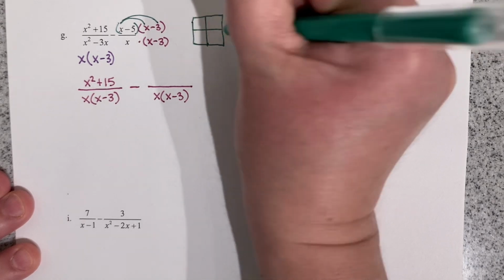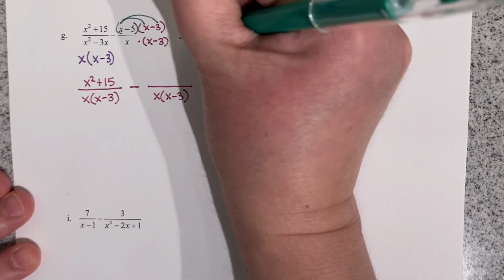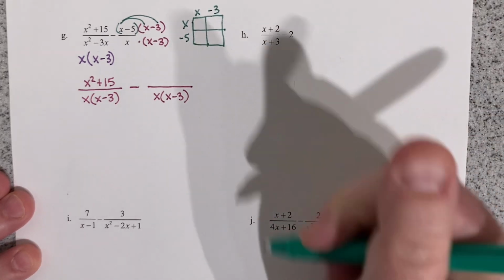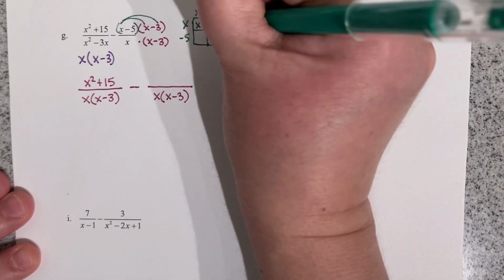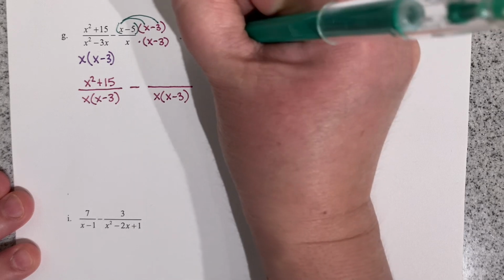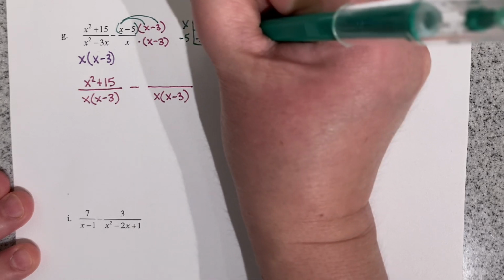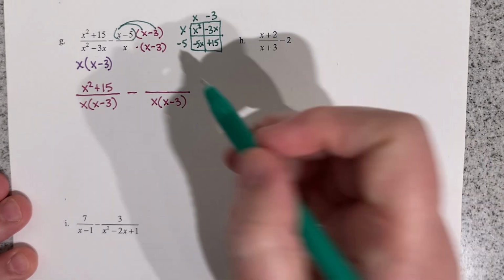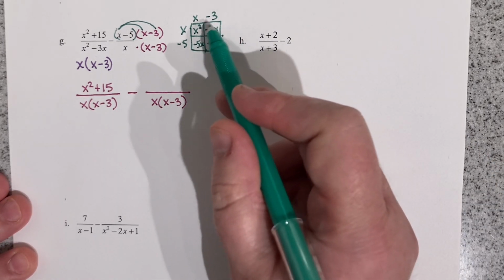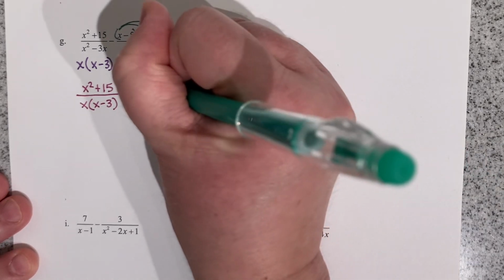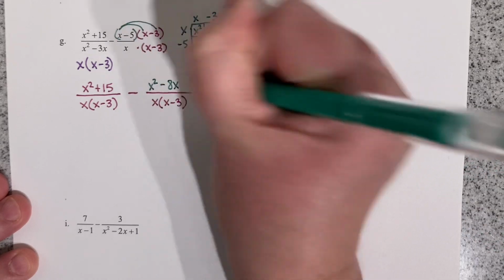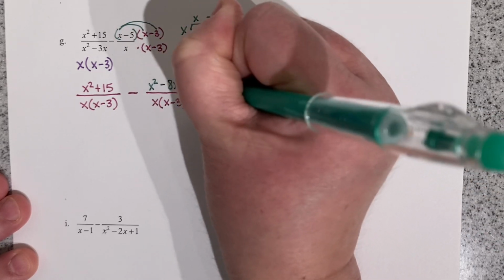Let's do that. So I have x minus 5, x minus 3. We're multiplying it all out. I get x squared minus 3x minus 5x, then plus 15. When I combine the like terms in the middle, I get x squared minus 8x, and then plus 15.